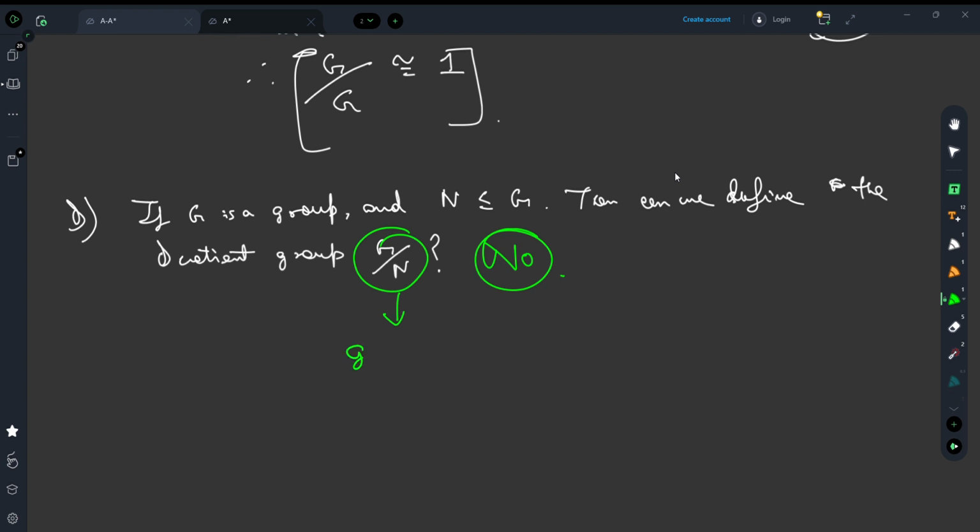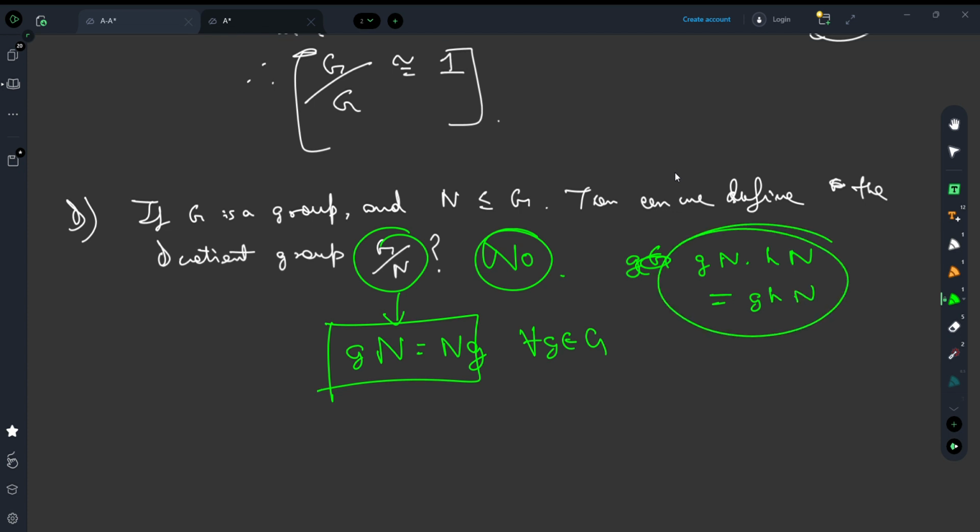We require this condition that gN equals Ng for all g in G. We will eventually see this proposition, because if this does not hold, then the definition gN dot hN, where g and h are elements from G, equals ghN, won't be well defined. Clear?